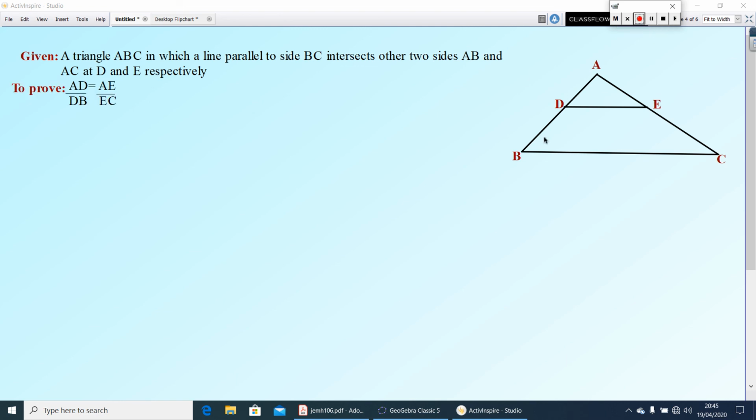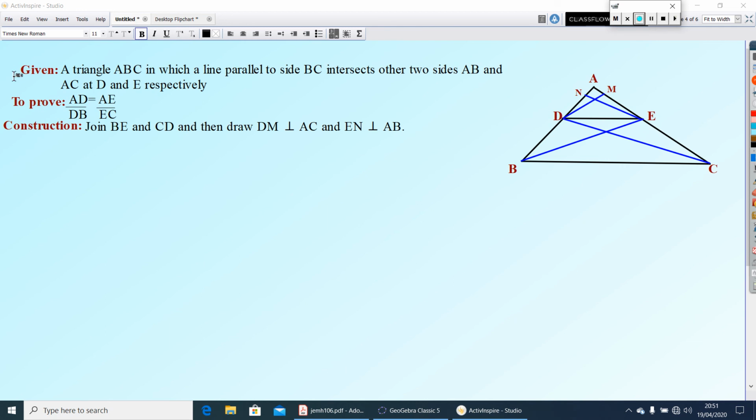Now to prove this, we need a construction. That means join BE and CD. Again draw perpendiculars EN on AB and DM on AC. Let us draw it.